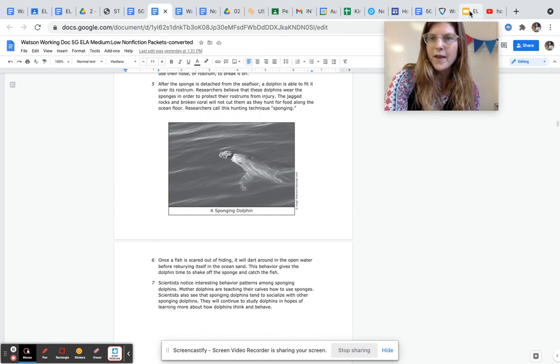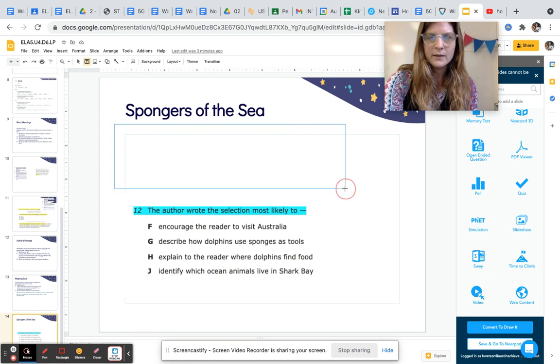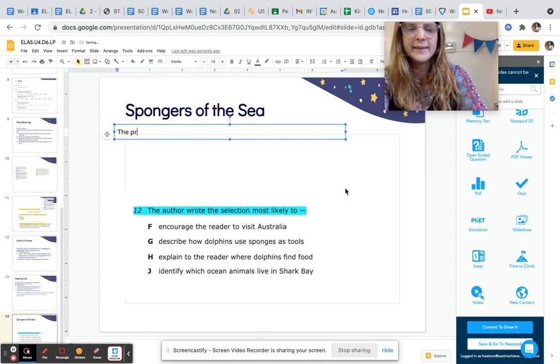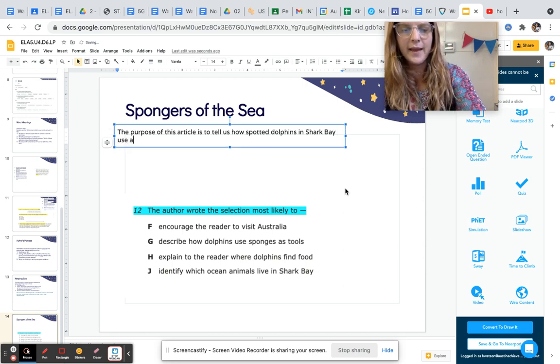So I'm going to write that down here, and I'm going to say the purpose of this article is to tell us how spotted dolphins in Shark Bay use a sponge to help them hunt without getting their noses injured.